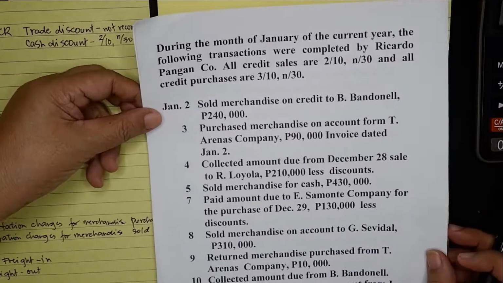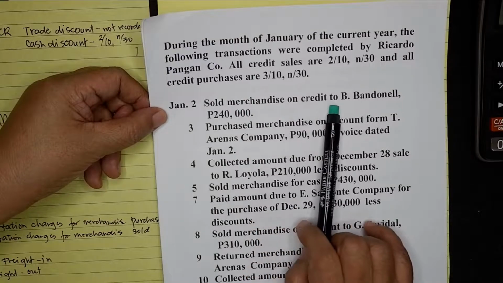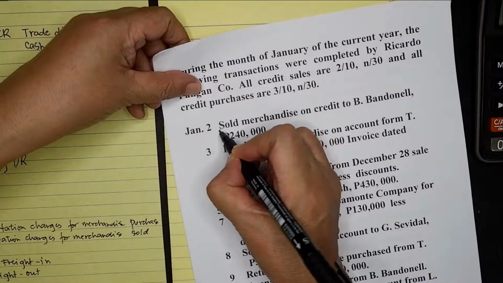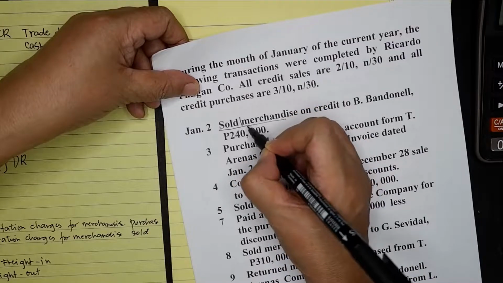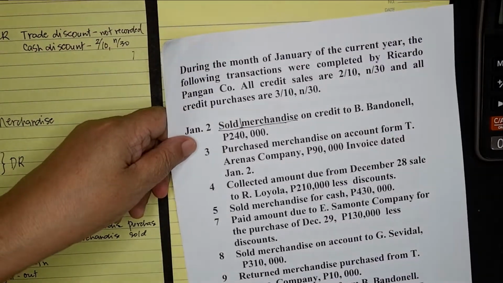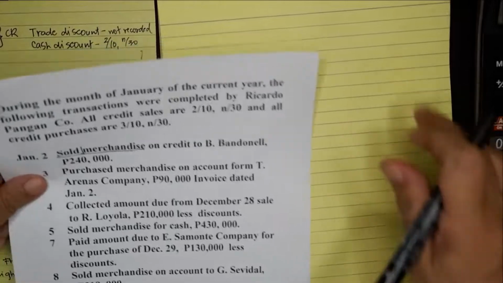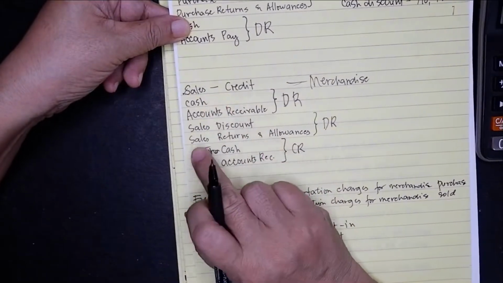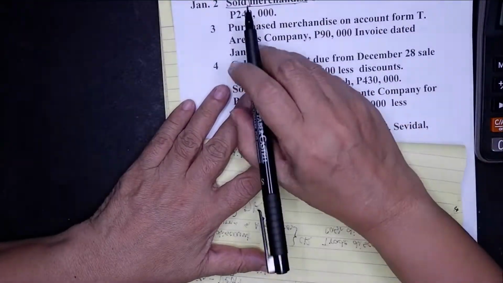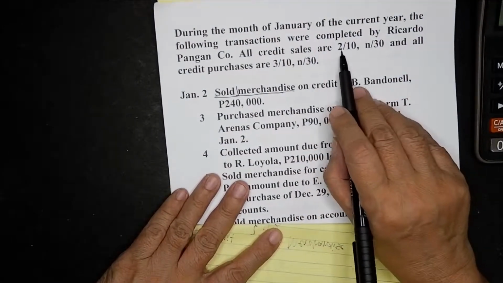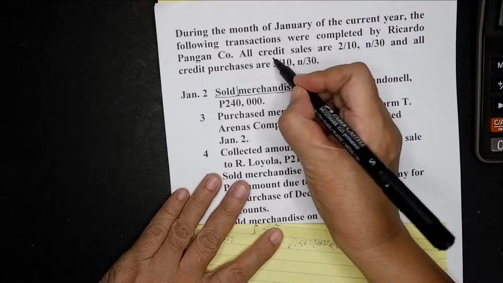January 2, sold merchandise on credit to B. Bandonel, 240,000. Sold merchandise, so we have the word merchandise, which means that the merchandise is intended for sale. So our guide: sales is on the credit side, and since it is on account, it says here on credit, and we have 2/10, n/30 for credit sales.